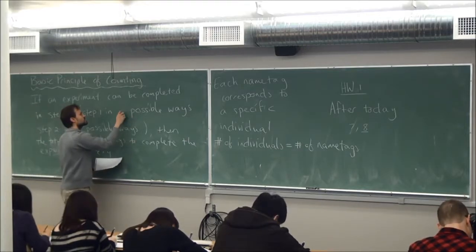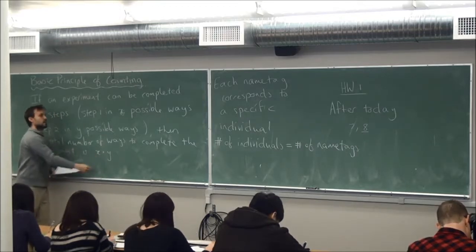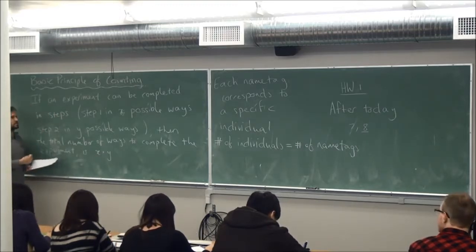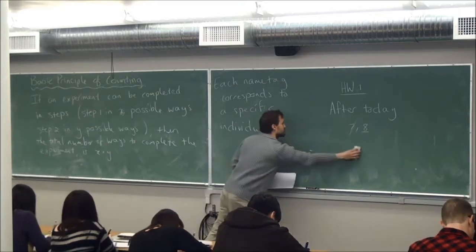Let's write this X a little differently so it doesn't look like a times symbol. X times Y. It's just generalizing the statement that we saw happening in my specific example.